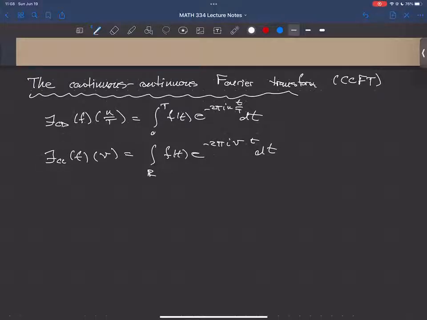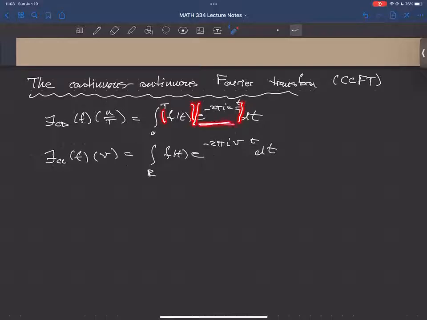So the first thing we should decide on is what's the domain of the CCFT. Certainly not any signal f is going to work, or even any continuous signal f. And clearly in exactly the same way as for the CDFT, the way we decided on the domain of the CDFT was we asked that the integrand be in L1. Okay.